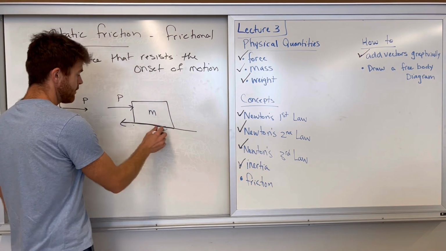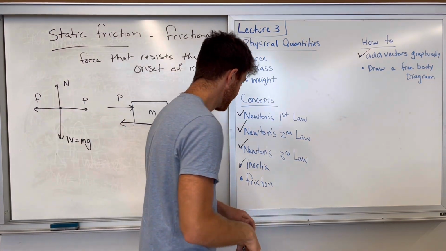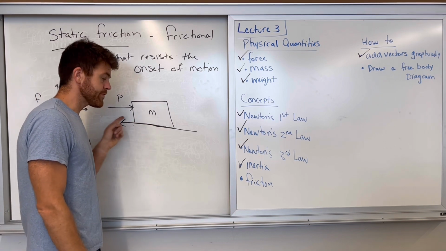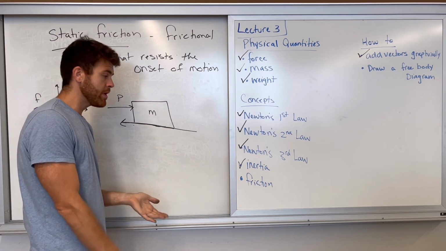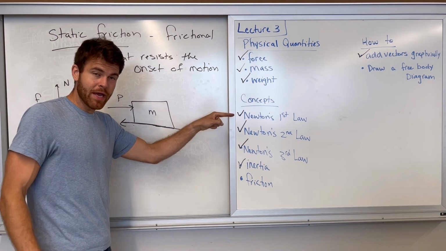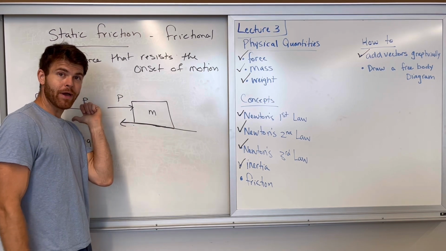And so the frictional force is always a force between two surfaces in contact. Here, the bottom of the block and the surface it's resting on are the surfaces that the friction exists between. If I try to push it with a force P this way, then a static frictional force of equal magnitude develops that way.